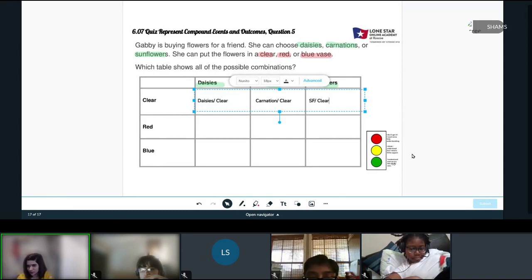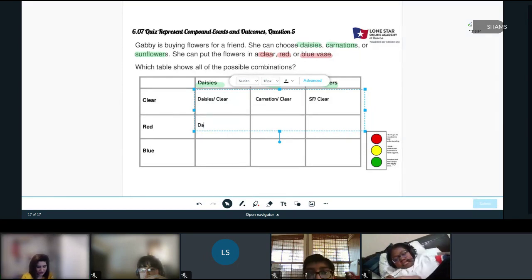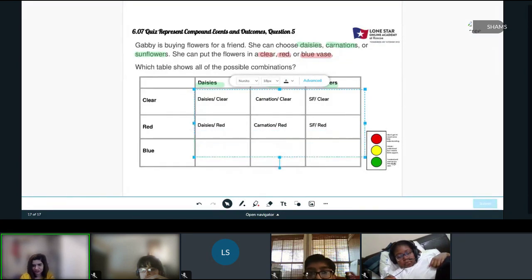If she didn't choose clear vase, she can choose a red vase. So she might choose daisies in red vase, carnation in red vase, or sunflower in red vase. If she didn't want clear and red vase, she can choose blue vase.